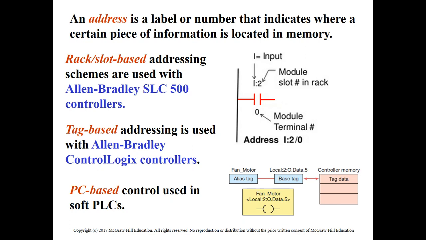Actually, since we have many devices as inputs, like sensors or switches, and many devices as outputs connected to the PLC, like actuators or pilot lights or any other actuators that we use to control our process, it's difficult for the PLC to understand which sensor a signal comes from, or which actuator a signal goes to.